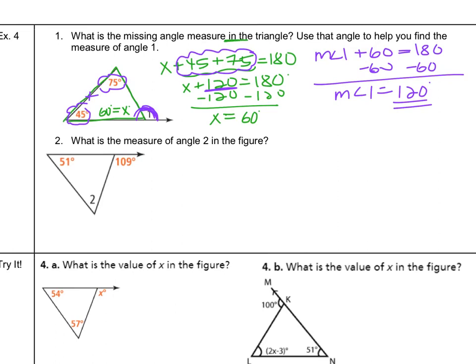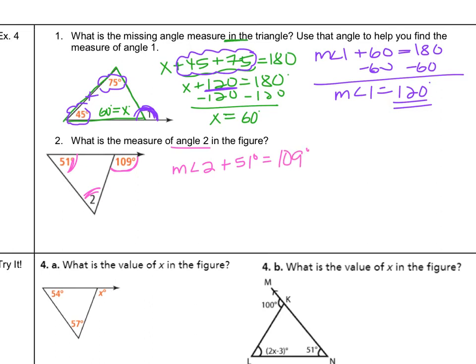Let's see how that works with the next example. What is the measure of angle 2 in this figure? Well, notice on the right-hand side, 109 is on the outside. 51 and 2 are both on the inside. Therefore, using that exterior angle measure theorem, measure of angle 2 plus 51 should equal 109 degrees.